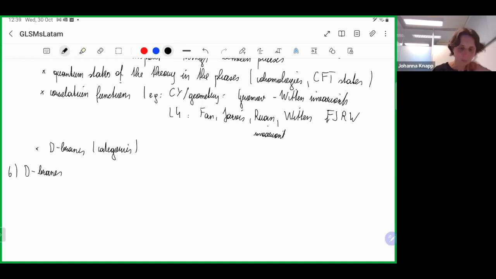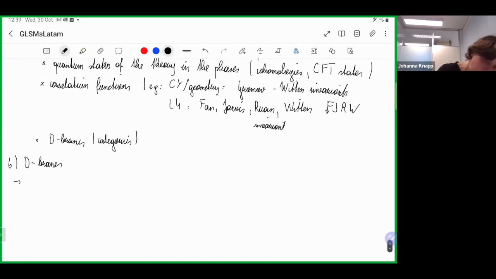That's why I also didn't emphasize it. So if we have D-branes, D-branes are boundary conditions for open strings. So if you have D-branes, you have to think about what your worldsheet is and what you want to compute. So what we will do is we will put the GLSM on a worldsheet with boundary.